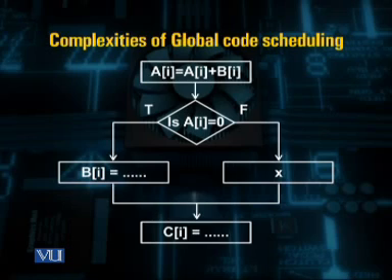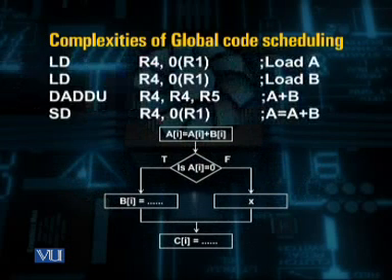To see how the compiler ensures the data flow, let us have a look at the code sequence which can be written for this code fragment, the flowchart shown over here. The code sequence shown here corresponds to each part of this fragment.